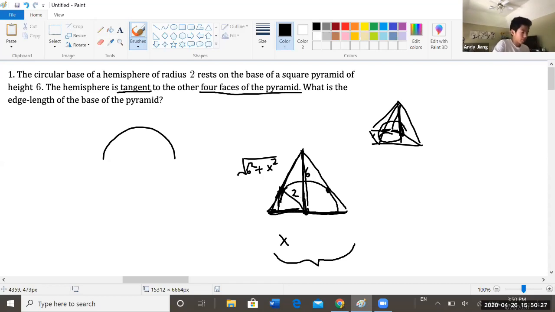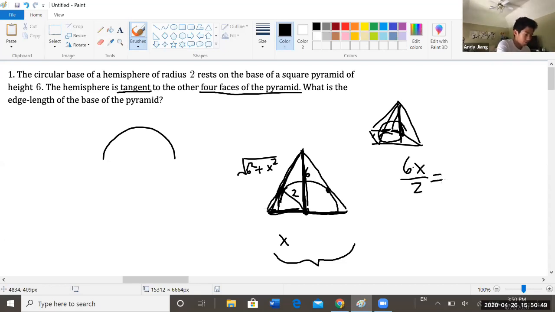And I can use that trick from the warm-up I did. I can find the area using 2 methods, or in 2 different ways. First, by 6 times x over 2. So I'm finding the area of this left triangle, by the way, using base times height over 2.